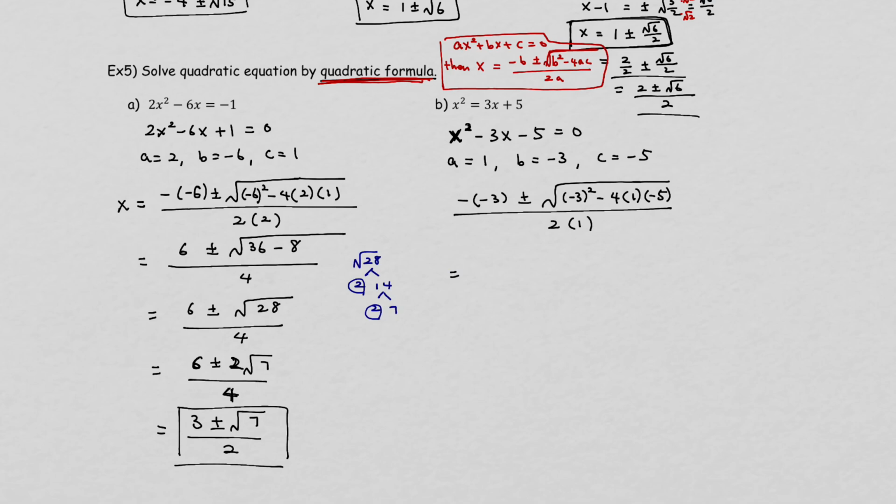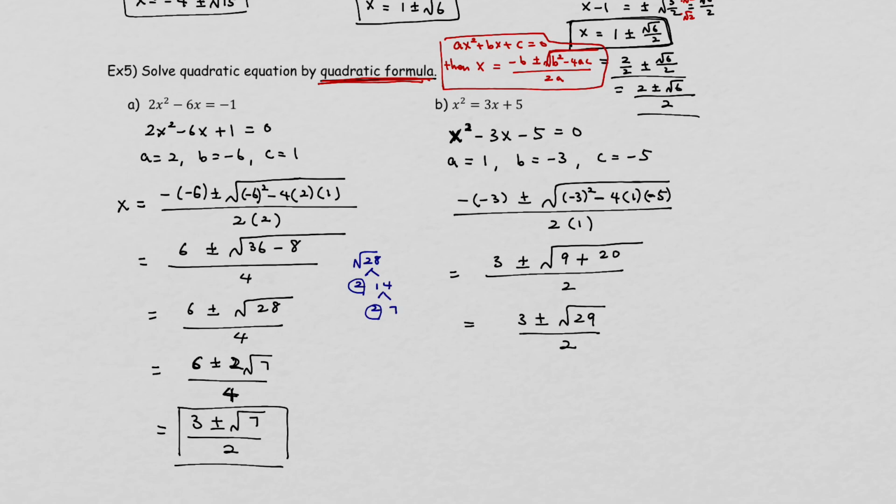Let's simplify that. It becomes +3 plus or minus, -3 squared will be 9. And because you have minus a negative number, it will add 4 times 5, 20, all over 2. So this is 3 plus or minus square root of 29 over 2.